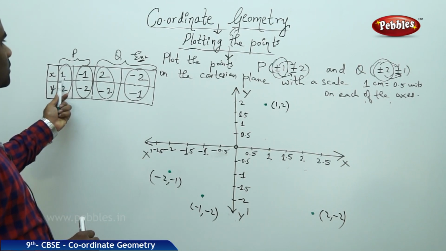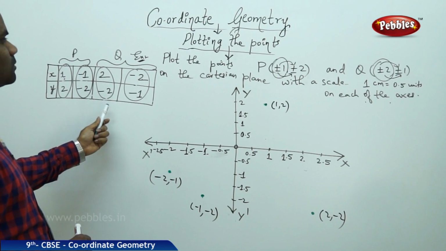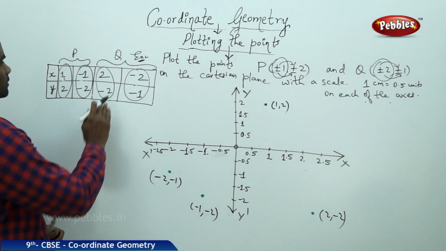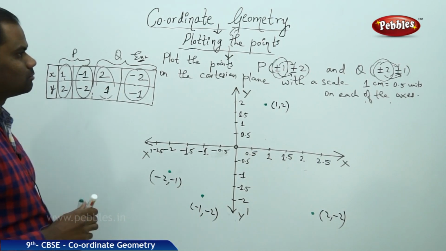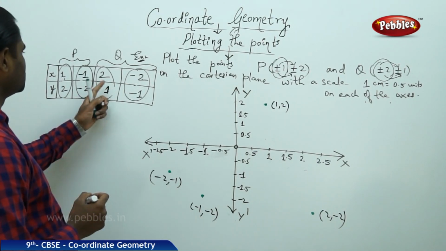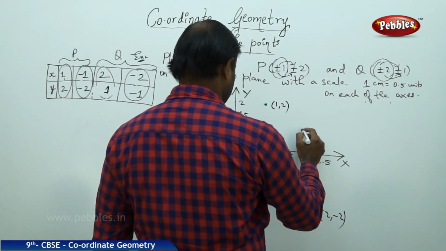1, 2, minus 1, minus 2, 2, 1, and minus 2, minus 1. So my third coordinate, which is 2, 1, is out here.